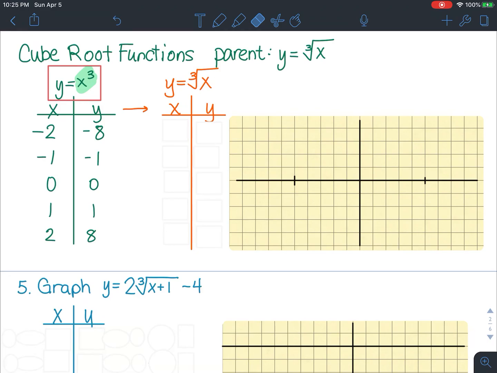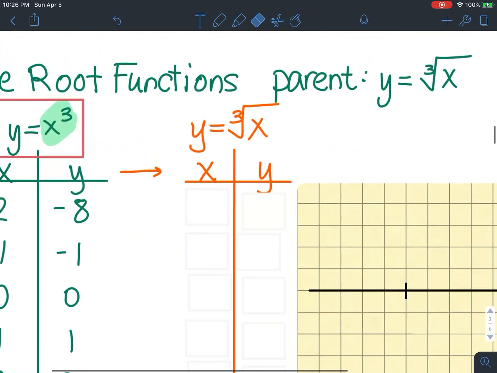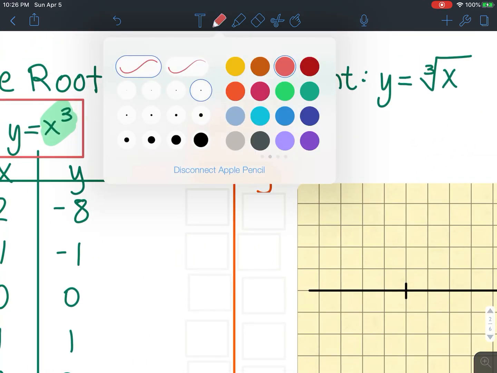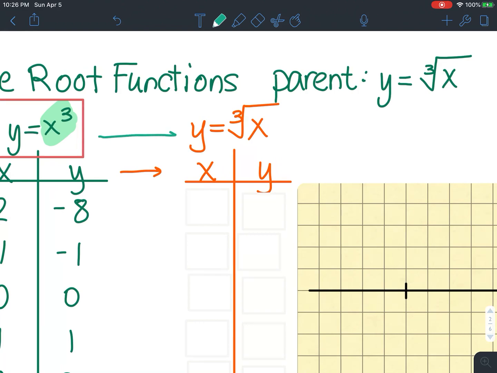So let's look at y equals the cube root of x. Cube root of x and x cubed are what? Come on, think about last section. These things are inverses. And what do we know about inverses? Their x's and y's swap.